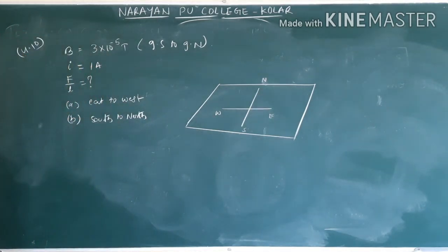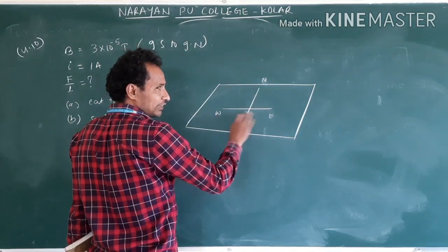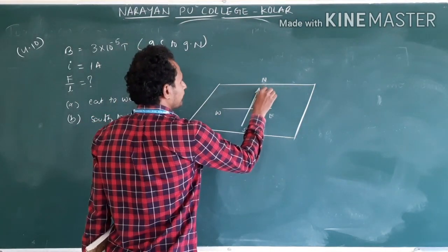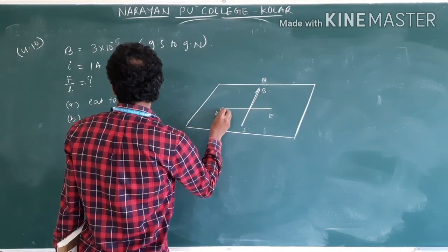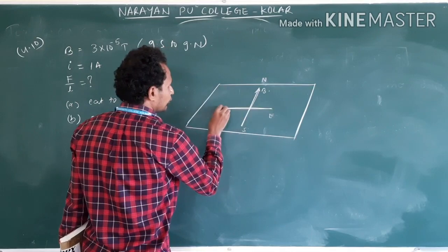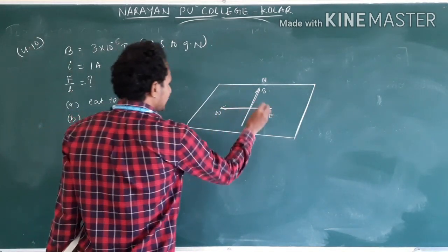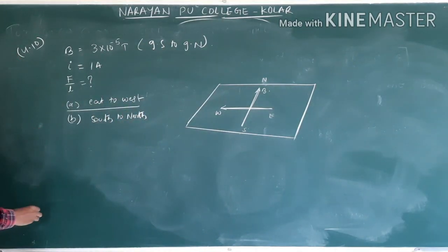Right? Let us consider the geographic directions. The field is acting like this, B. In the first case, where it is placed east to west, like this, what is the angle? First case, east to west.